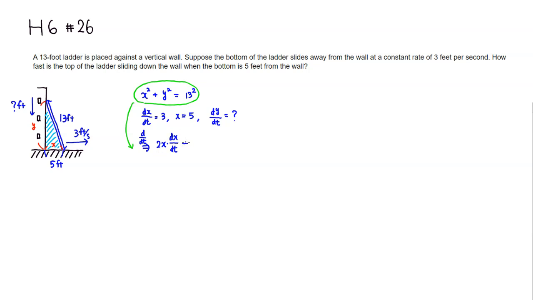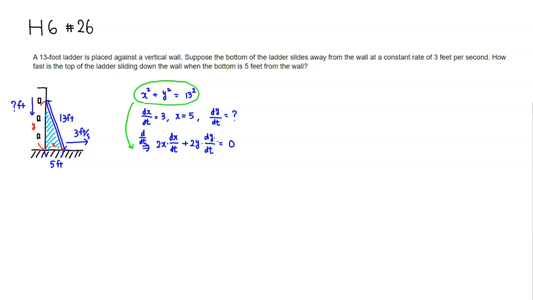Then we can do the same thing with the derivative of y squared. That's going to be 2y, multiplied by dy over dt. Then the derivative of 13 squared, it's a big number, but it's a constant, so the derivative is always 0.